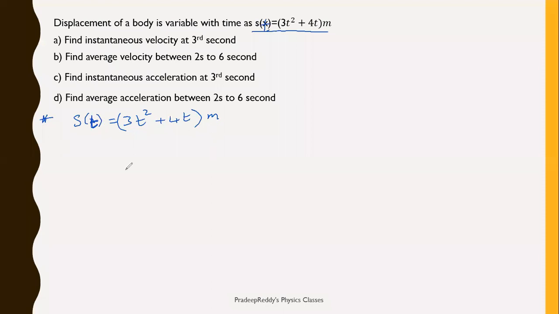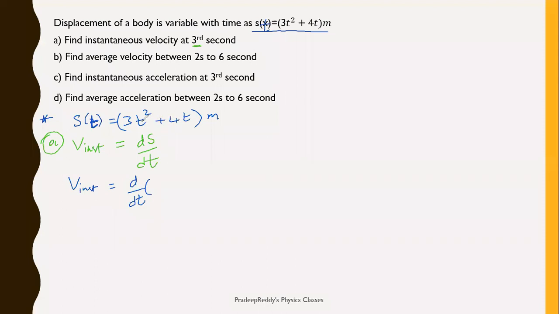Now coming to question A, you are supposed to find the instantaneous velocity at the third second. What is the formula for instantaneous velocity? Instantaneous velocity is equal to ds divided by dt. Now v instantaneous is equal to d by dt of s.